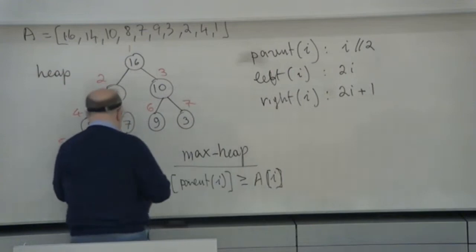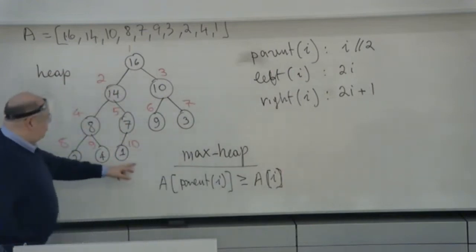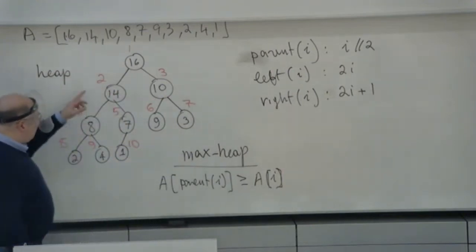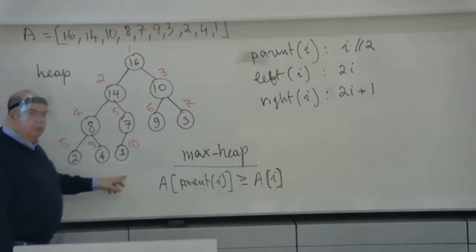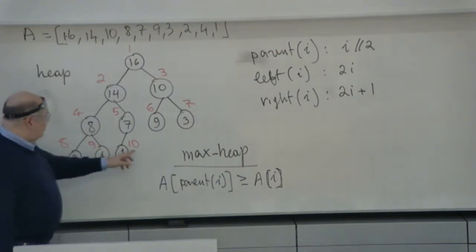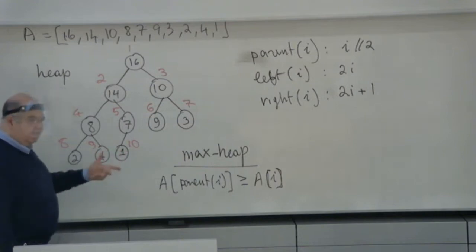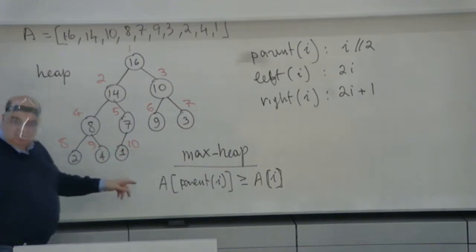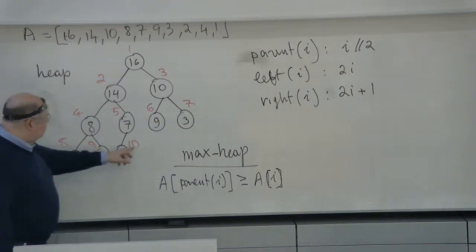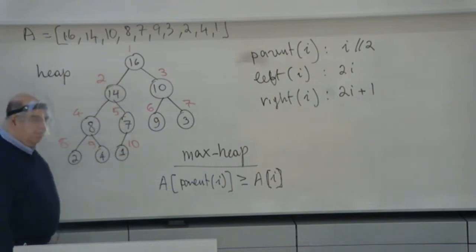So if you take the logarithm of n, say base 2, you get the height of the tree. In this case, you have 10, and the logarithm of 10 base 2 is 3 and something, because 2 to the third is 8. And so you get the height of the tree based on log n.